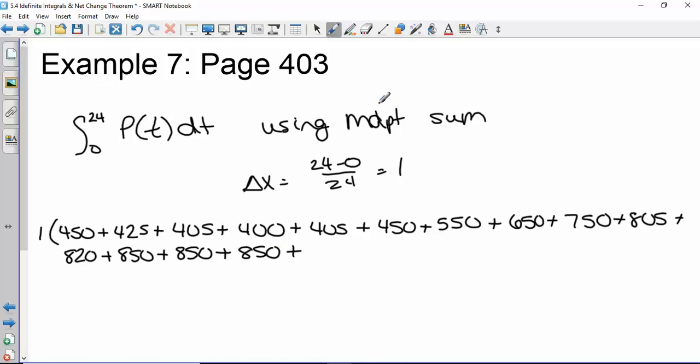14 and 15. 15 and 16. Still 840. 16 and 17. 17 and 18. 70. Where am I at? 18 and 19?